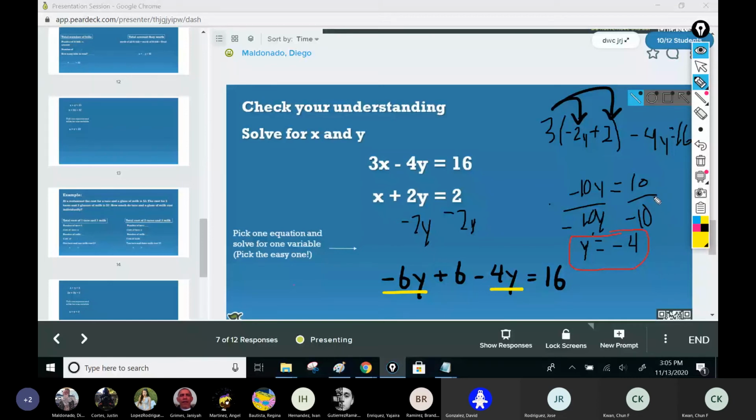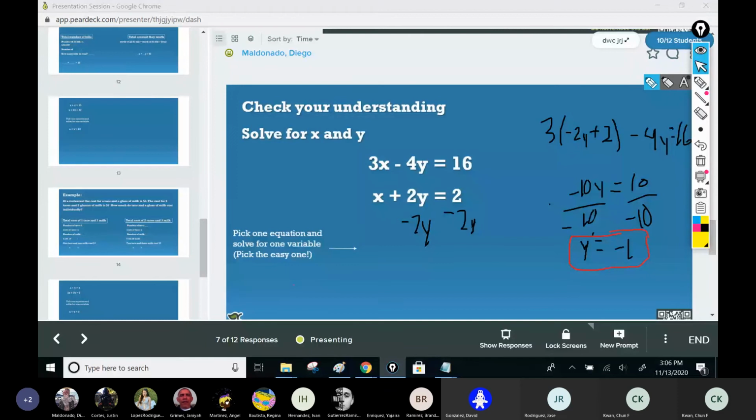Minus 6 on both sides, and then, look. Okay. Keep going. Negative 1.